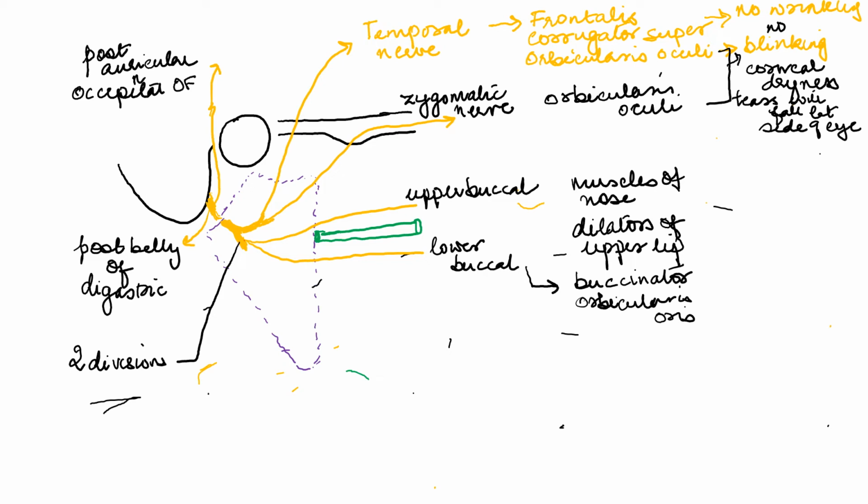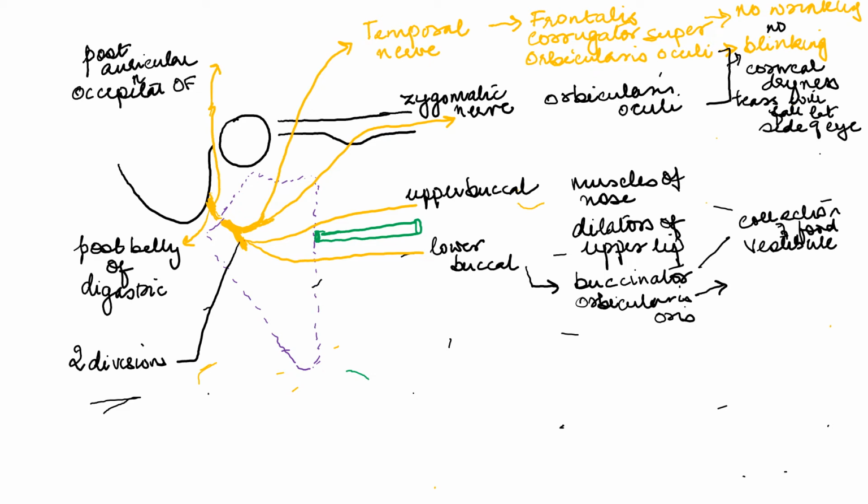Paralysis of the Buccinator will cause collection of food in the vestibule and difficulty in chewing, which was one of the complaints which our gentleman gave. So the food collects and was falling off from the right side. And because of the paralysis of orbicularis oris, there may be distortion around the lips, again which we saw in the gentleman.